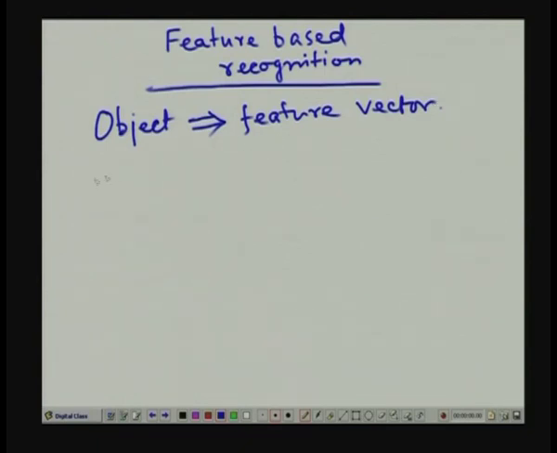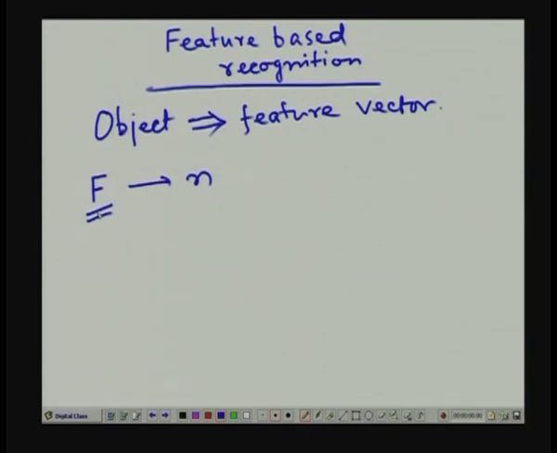Suppose a feature vector f of a particular object contains n number of descriptors or features. Each of these features may be either eccentricity, elongatedness and so on. So, I say that this feature vector f is of dimension n.